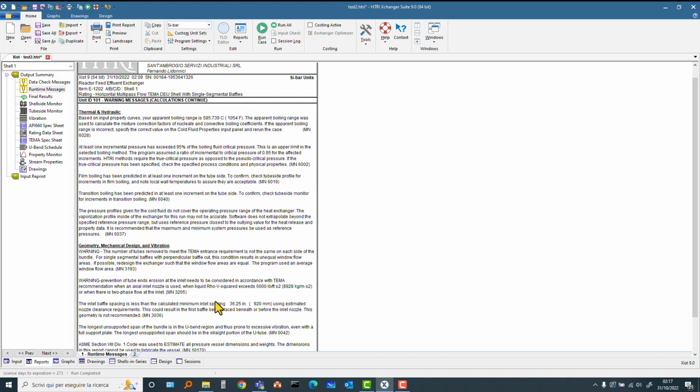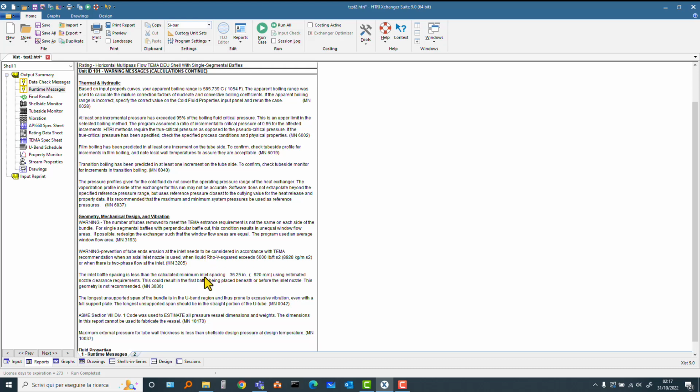Okay, we said at the beginning that probably some amount of mechanical design has been already made for this unit. Therefore, these distances at inlet and outlet are already fixed and somebody else has calculated them. So this is correct and we should be happy, but there is a small problem.